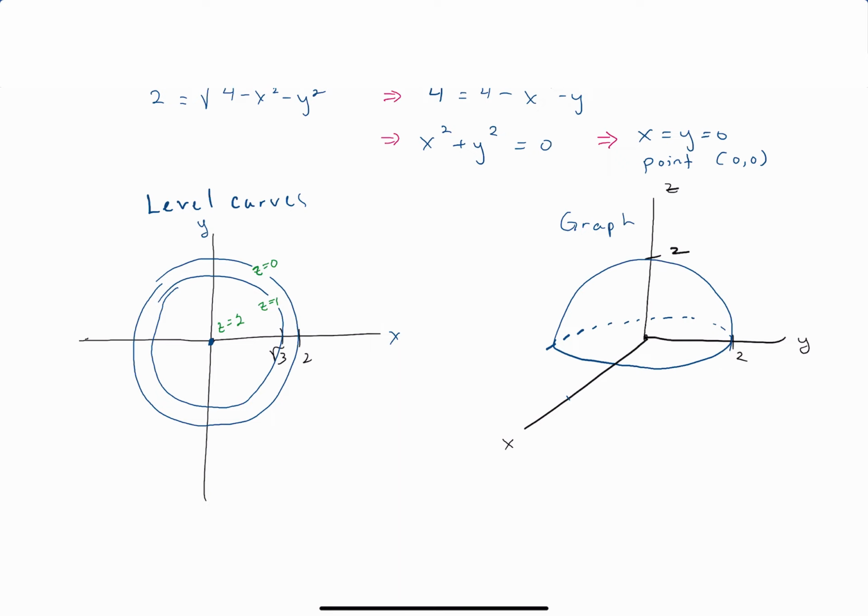Okay, so what did we just do with these contour lines? Well, that contour line where z equals 2, that's just a dot, that's our dot at the top of the half sphere. Our contour line or level curve where z equals 0, that's our circle of radius 2. That's the bottom part of the sphere down there.